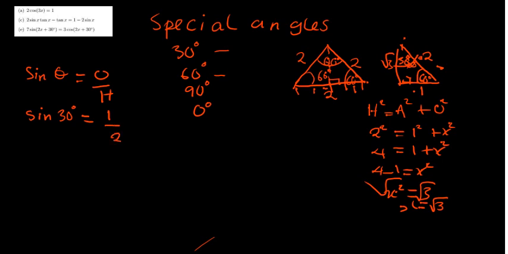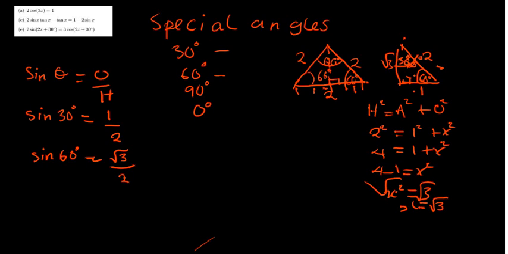So sine 30 is equal to 1 over 2. Now sine 60 degrees: considering this 60 degrees, its opposite is the root of 3, and the hypotenuse is 2. So sine 60 is root 3 over 2.